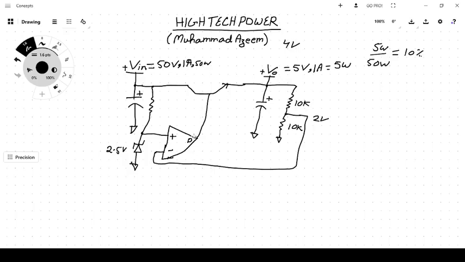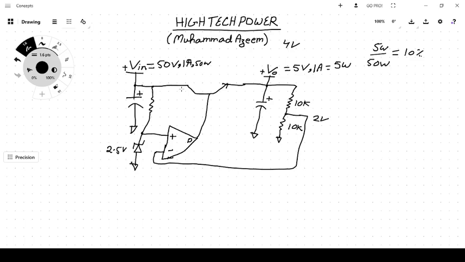Due to that, the base emitter voltage would try to increase, and the current of the base emitter junction would increase, which will try to decrease the collector to emitter voltage, and it will start going to saturation.